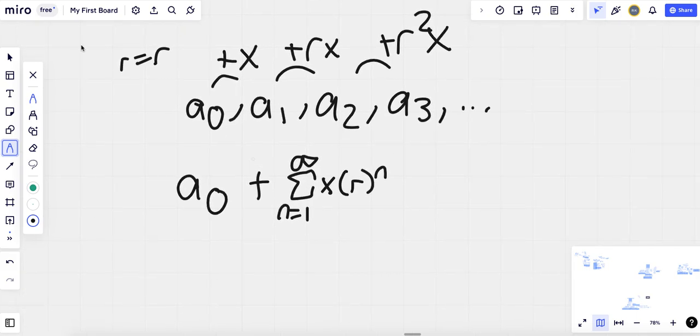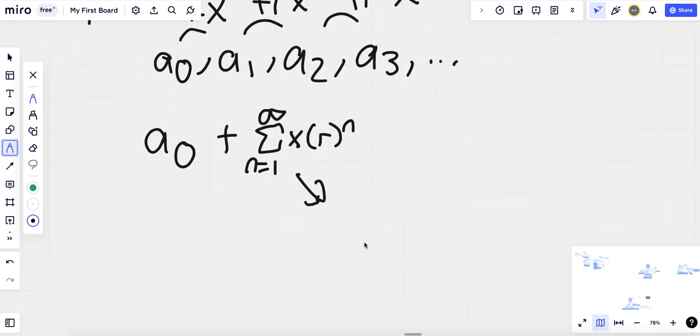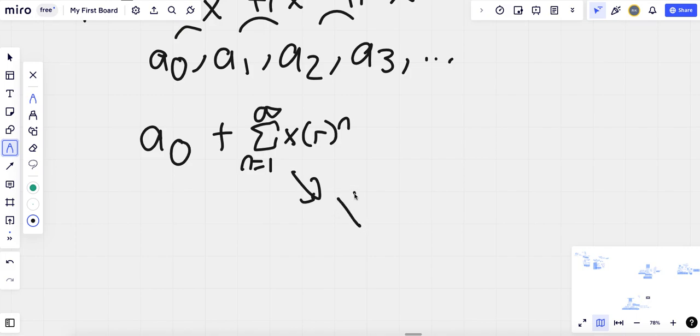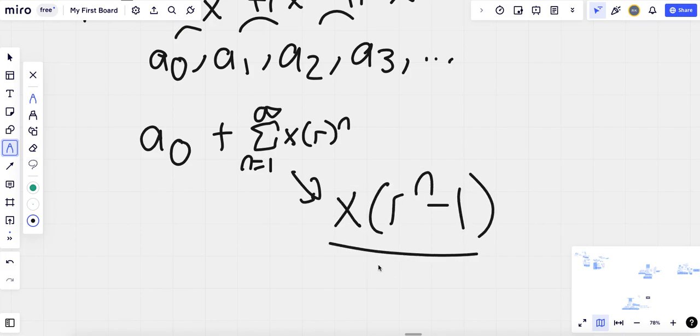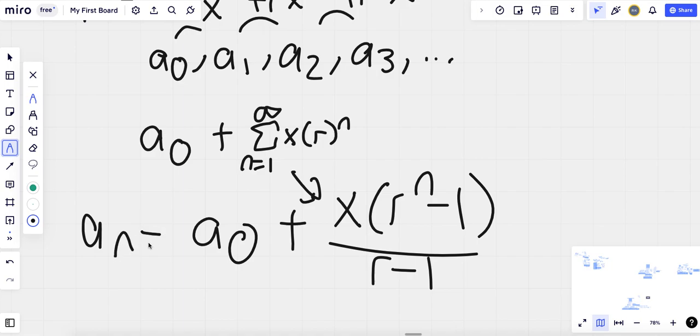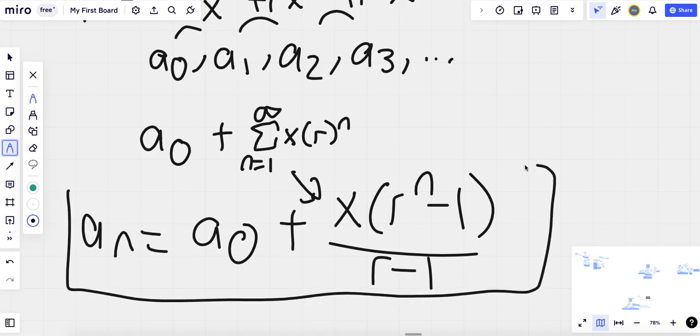And we also know that when we're given a geometric sequence, the sum can also be written as x times r to the n minus 1 all over r minus 1. So that means that this is our generalized form for our formula.